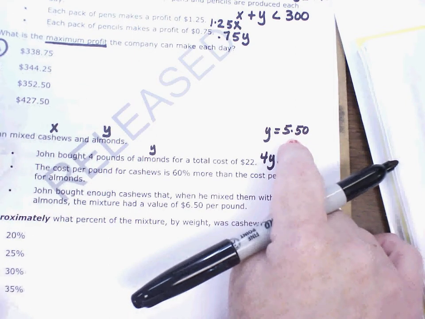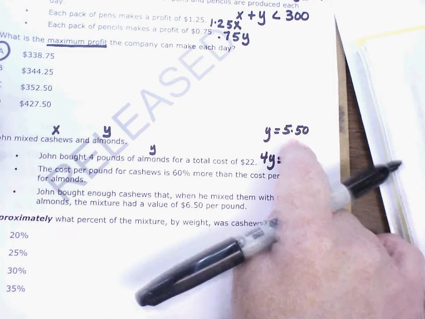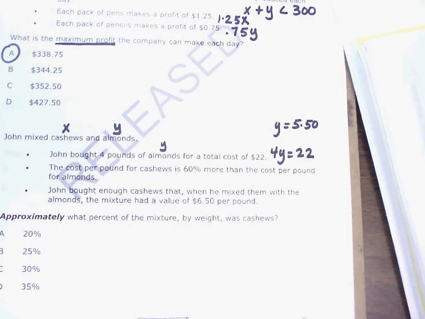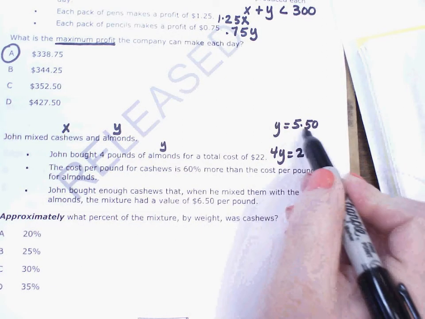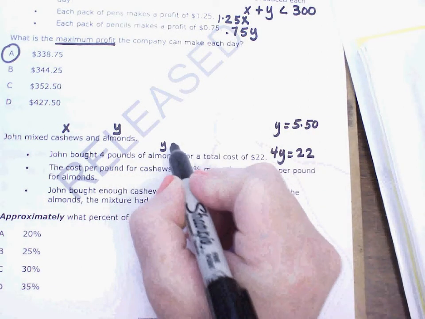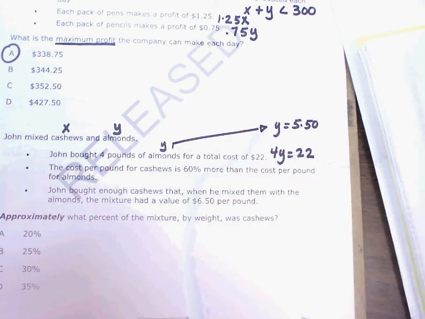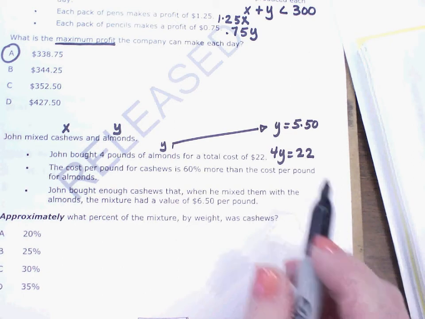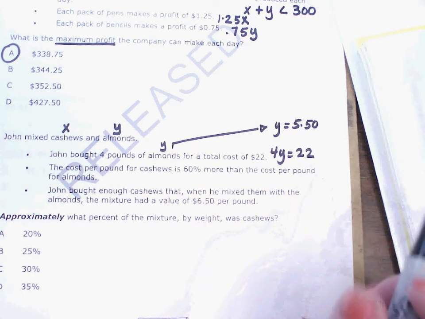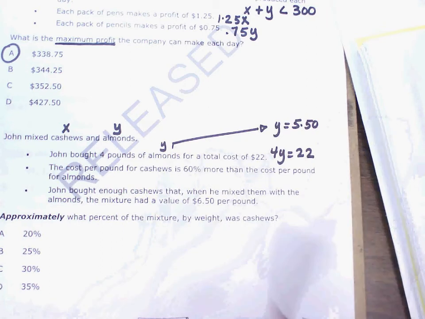All right. So each one of the almonds is $5.50. And the cashews are 60% more than that.